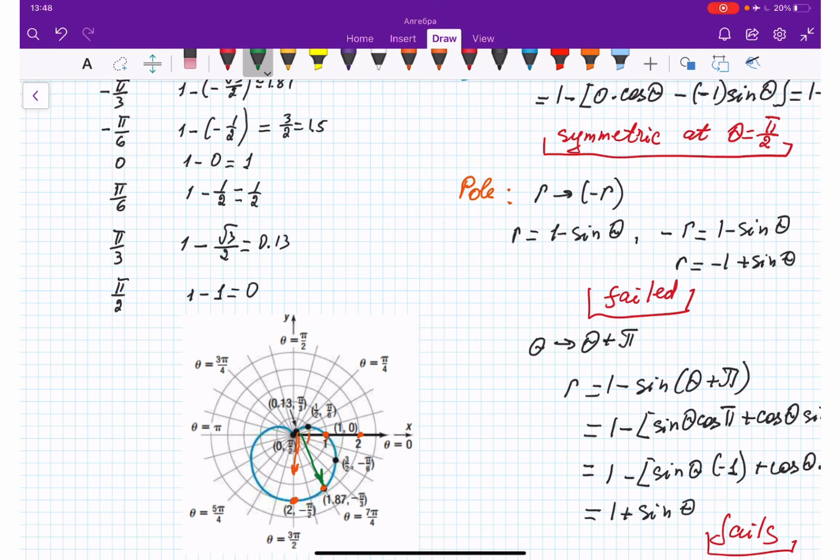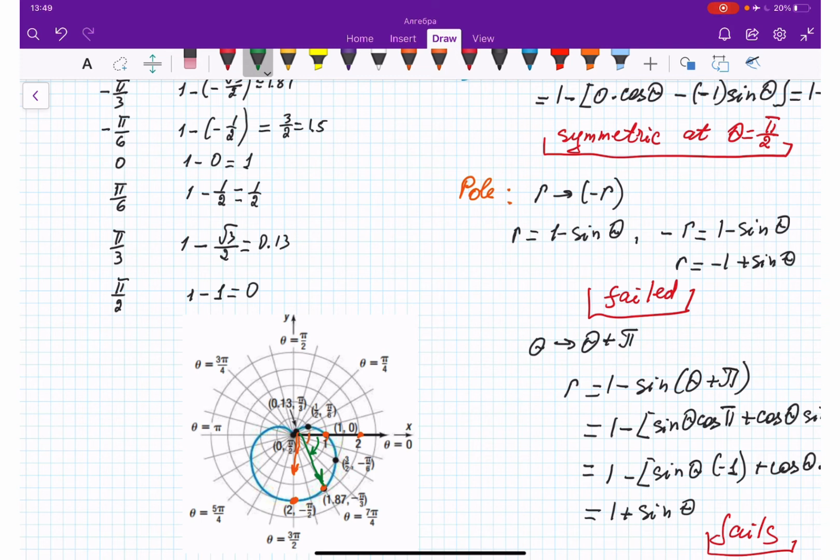This is going to be our 1.87. As you can see, it's a little bit below 2. That's why 1.87. And this is negative pi over 3, which is this angle. Okay, clockwise. Then we have negative pi over 6, which is 1.5.